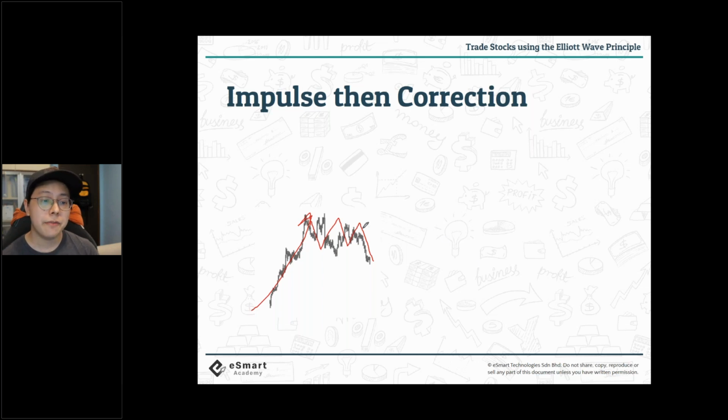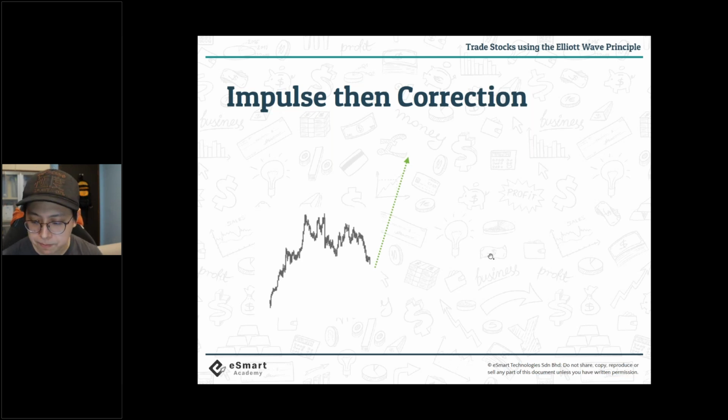When you see this combination of an impulse and correction, there will be a 60 to 70% chance the price will continue to the upside. So remember this combination because it can be very powerful to help you in your analysis process. Whenever you see something like this on the chart, about 60 to 70% of the time the market will continue going up.